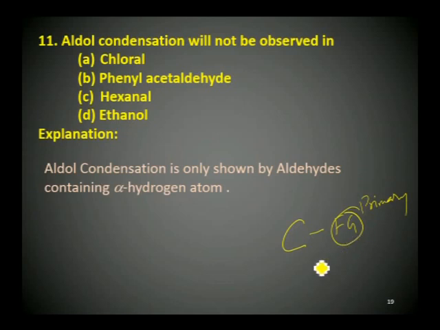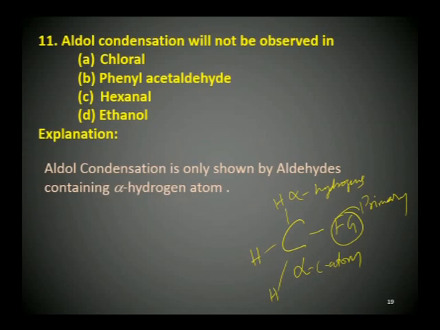So, the carbon atom which is bonded to a primary functional group will be called an alpha carbon atom. If this alpha carbon atom is having hydrogens, those hydrogens will be called alpha hydrogens. So, the hydrogens which are bonded to the alpha carbon atom are called alpha hydrogens.